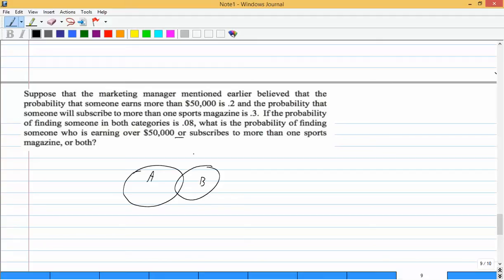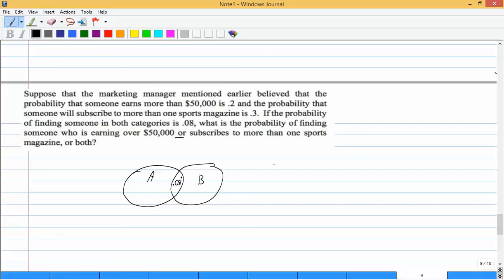If the probability of finding someone in both categories, right here, is 0.08, maybe I need to make my intersection a little bigger there, 0.08, then what is the probability of finding someone who is earning over $50,000 or subscribes to more than one sports magazine, or both?